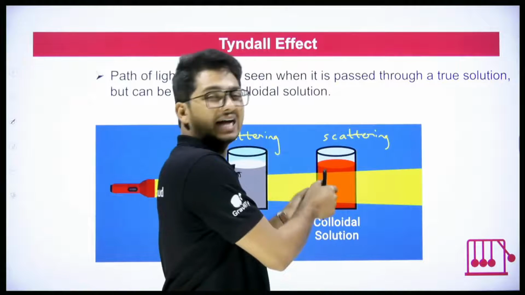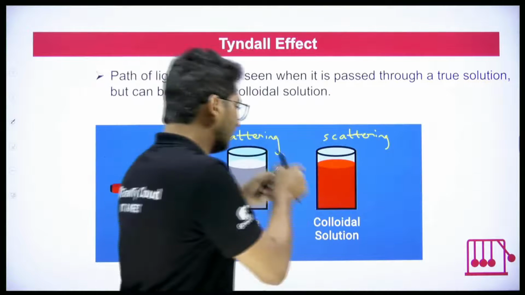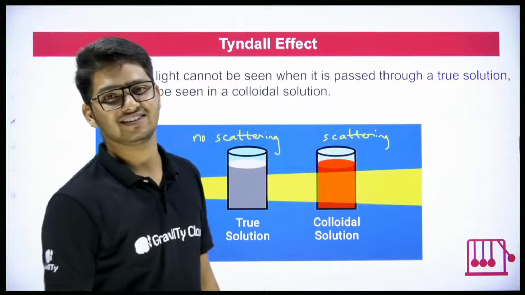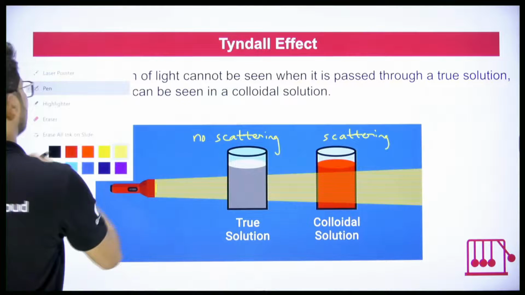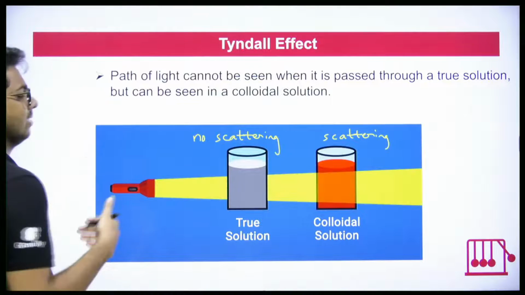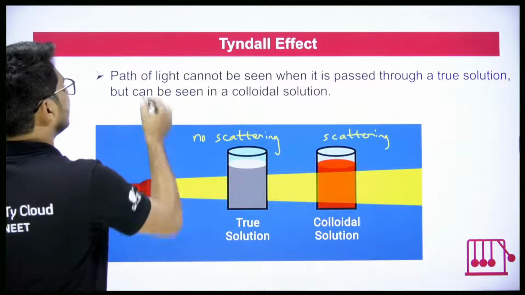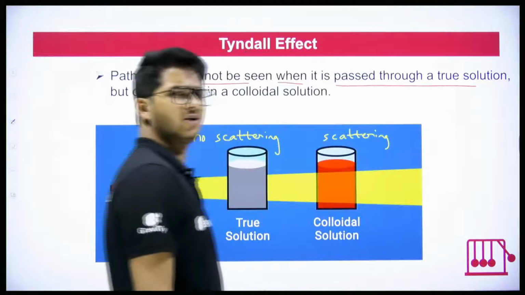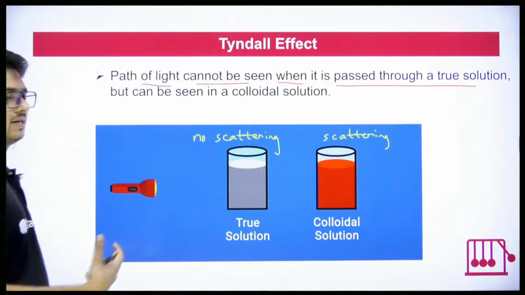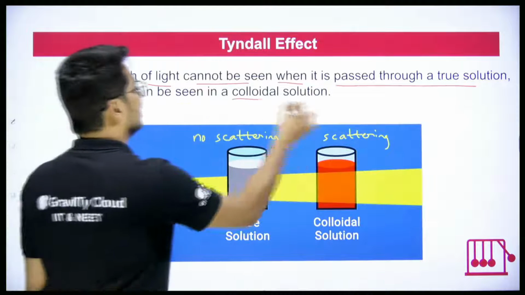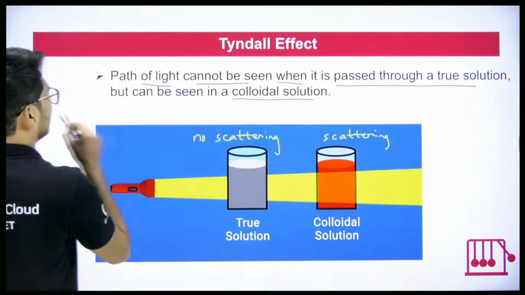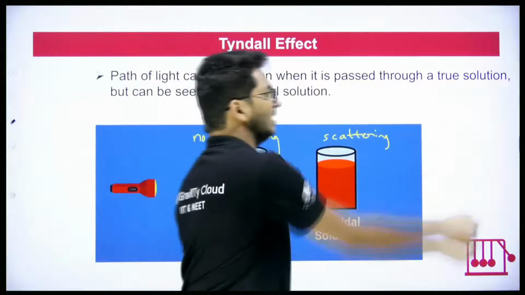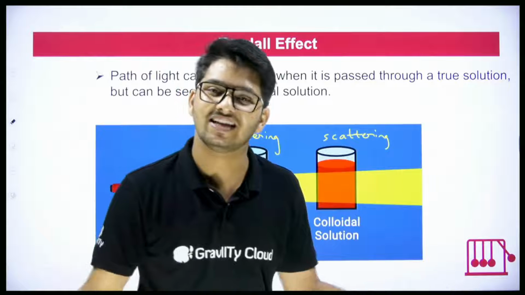But here, because there is scattering, light will come to us and we can see it. So this is also a part of the Tyndall effect because you are able to see the path of light. The path of light cannot be seen when it passes through a true solution because there are no suspended particles. But it can be seen in a colloidal solution because there are suspended particles which scatter the light.